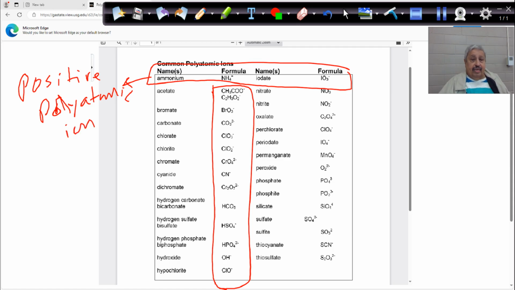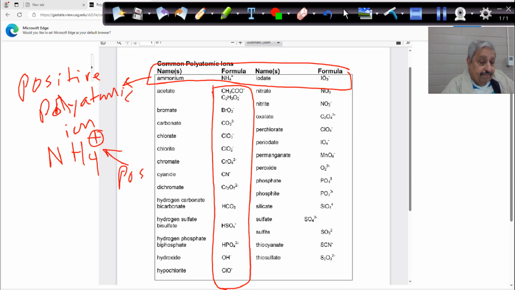It came from NH4: 4 hydrogen atoms and 1 nitrogen atom. There are 5 non-metal atoms. That's polyatomic, and it is positive. All the other ones you can see are negative.